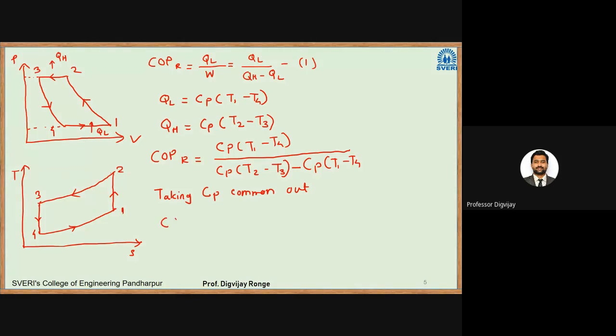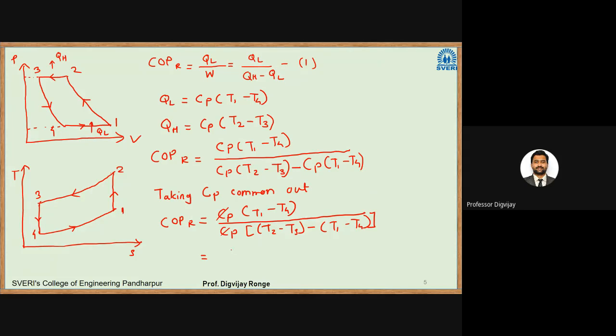If I take Cp common from the denominator, that Cp will cancel with the numerator. So the numerator will remain the same, and in the denominator I get Cp in a bracket, T2 minus T3 minus (T1 minus T4). Now this Cp and Cp will cancel.